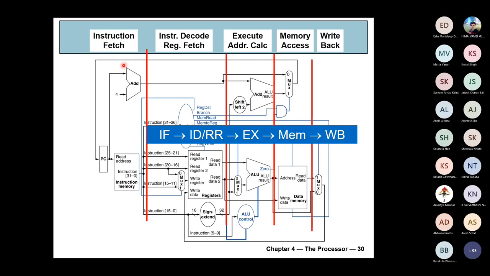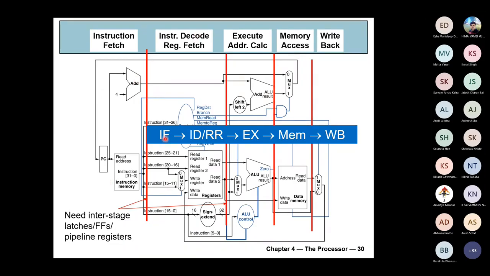Each small subcomponent, isn't it so? Therefore, as you see these red lines, you need interfaces or interstage latches, flip-flops, or pipeline registers, so that this multi-cycle implementation can be realized. That means after the first clock cycle, this portion takes care of the instruction fetch, and the intermediate results will be saved here.